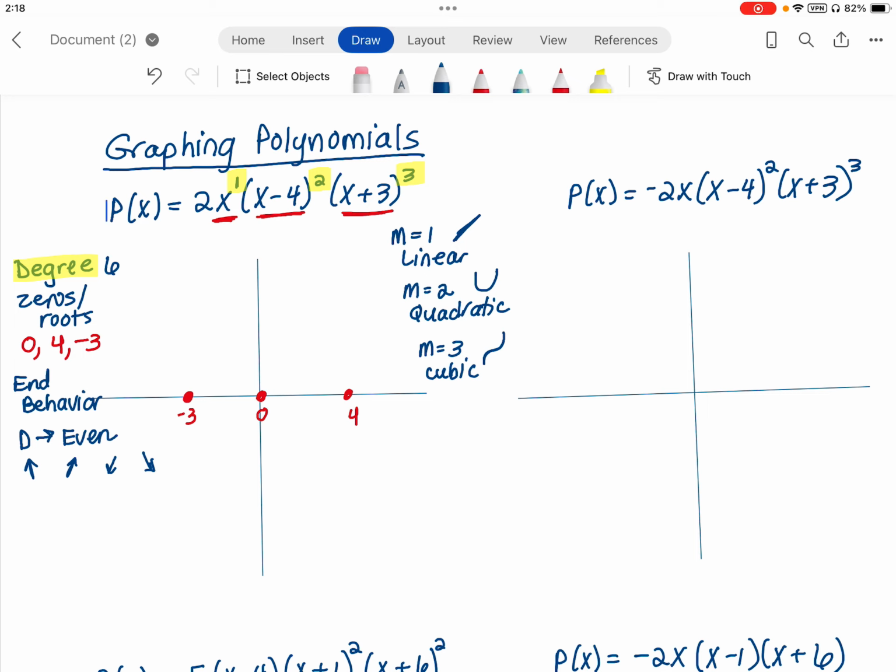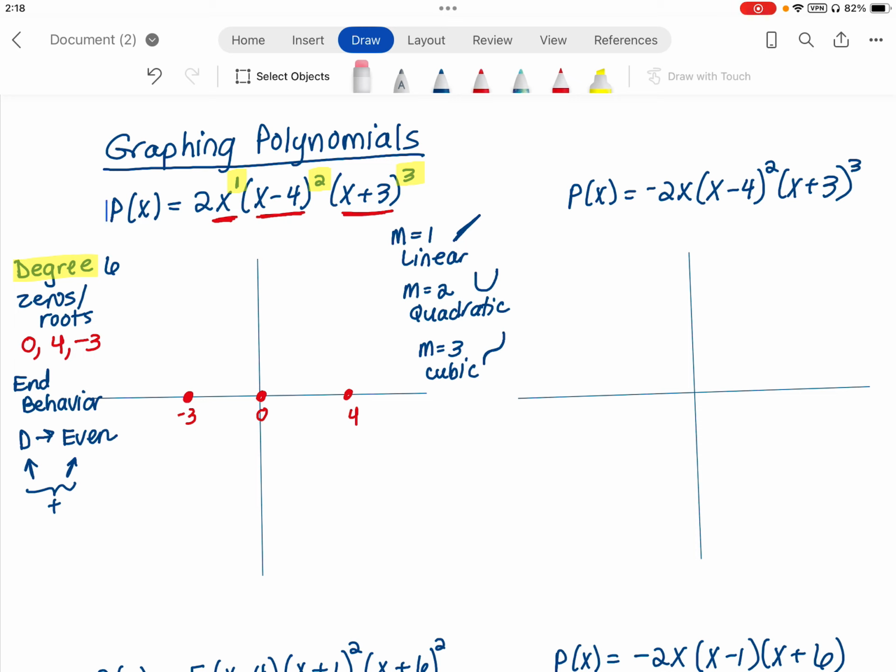Now, the way that you can decide between which one that is, you want to look at your leading coefficient. And if my leading coefficient is positive, it's going to be this combination where it's up on both ends. If my leading coefficient is negative, then it would be that one, okay? So this particular example, we have a positive 2 as our leading coefficient, and so it is going to be this first option here where both ends are going up, okay?